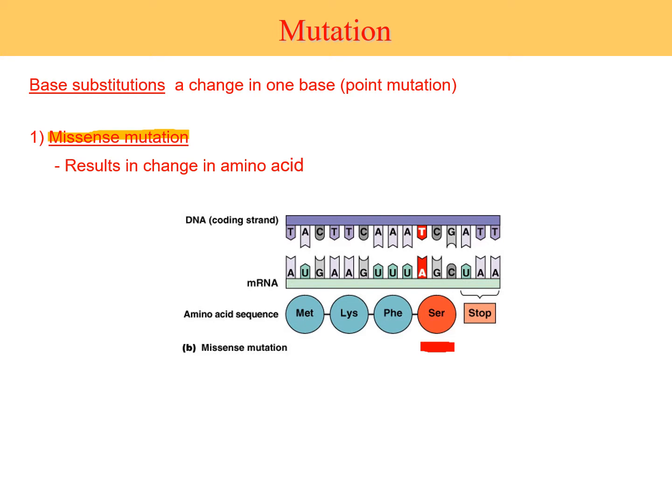It may increase the function, or decrease function, or occasionally have no effect, but the point is that mutations due to a single base pair change that end up with a change in amino acid are called missense mutations, and can cause a fairly important change.